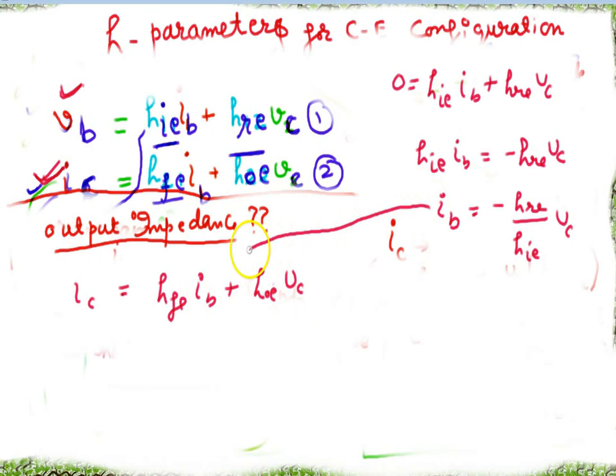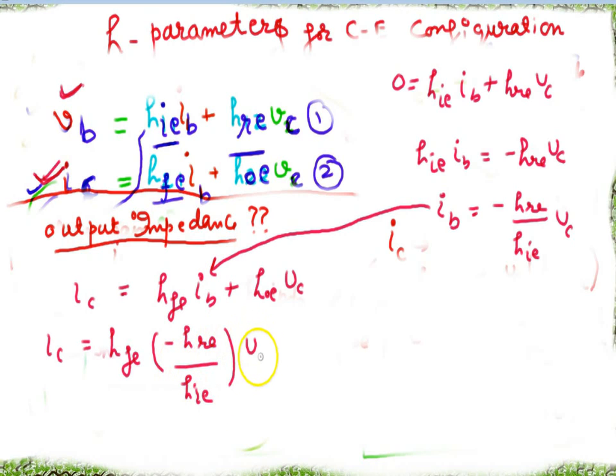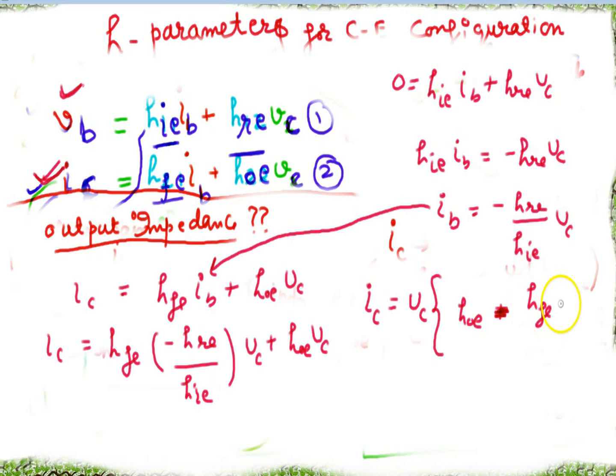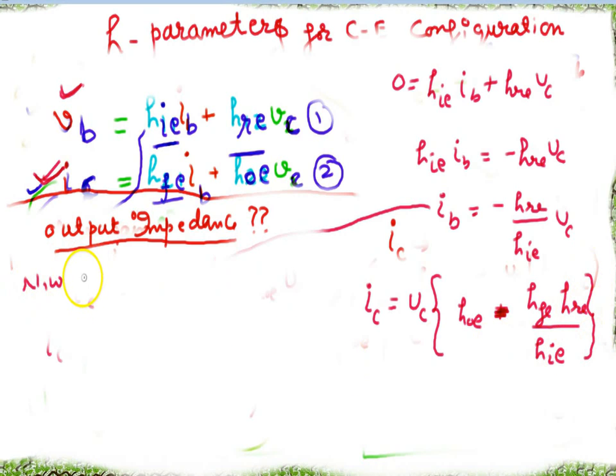Substituting IB here in the second equation. Now from here we find the value of IC over VC.